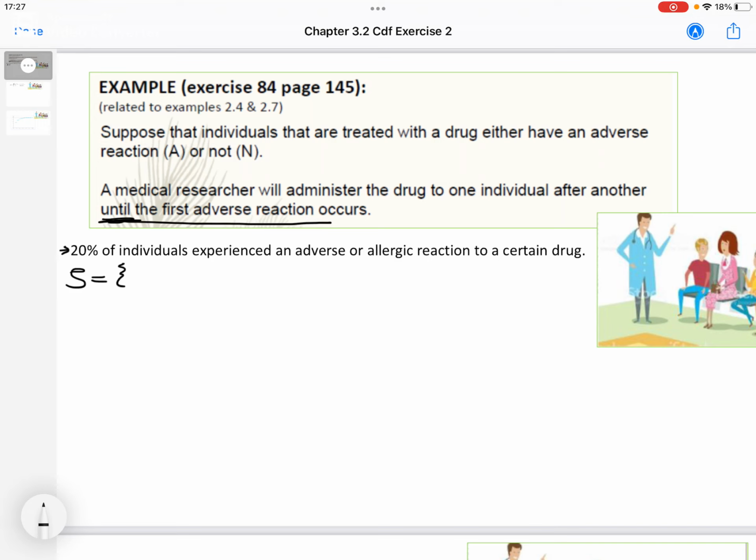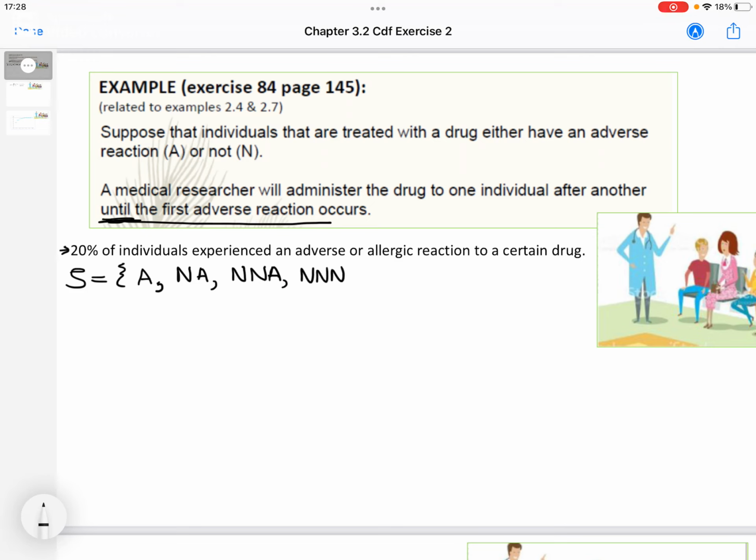So let us list the possible outcomes. All right, so it might be that the first patient that we give the drug to might have an allergic reaction to it. So we might have only gone through one patient and immediately they got an allergic reaction. Or it might be that the first patient did not get an allergic reaction, and so we continued giving this drug to other people. And so maybe the first patient did not get an allergic reaction, but the second one did, right? Or the first one and the second patient did not get an allergic reaction, but the third one did.